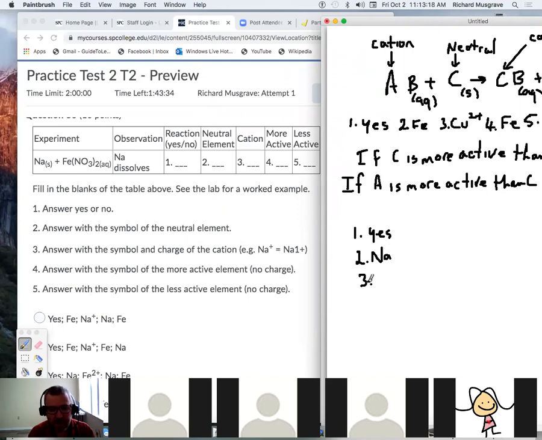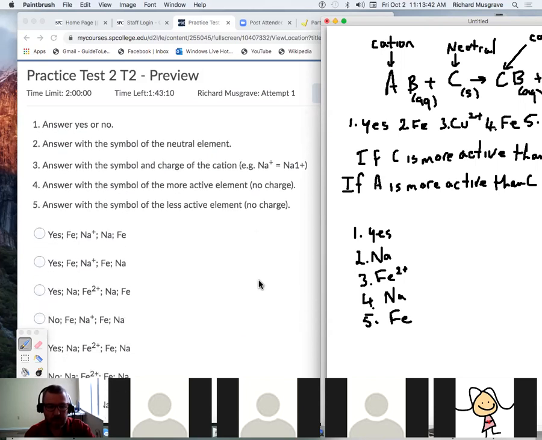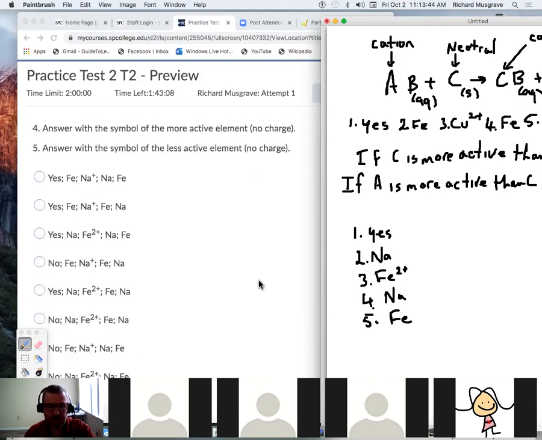The cation, it's going to be the Fe2+. And the more active one, well, we know the reaction's going. So sodium, the Na, the neutral one, must be more active, which means the Fe is going to be the one that's less active. And that would be the answer I would choose out of this list.